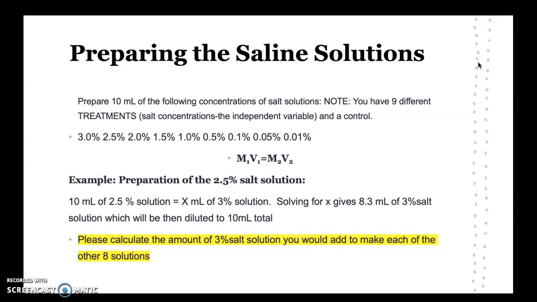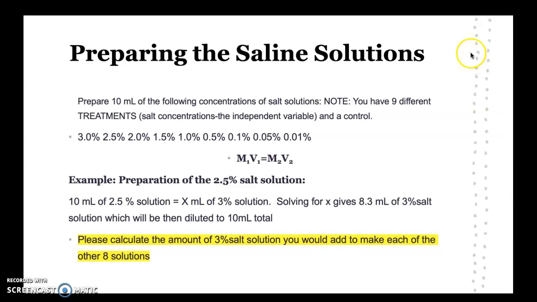I've shown you an example of the calculation on how you prepare a 2.5% salt solution. Basically it is M1V1 equals M2V2 that hopefully you remember from chemistry, where M is molarity and V is the volume. You can also substitute in percentage, which is what we're going to be doing. So it's percent times the volume equals the percent times the other volume.